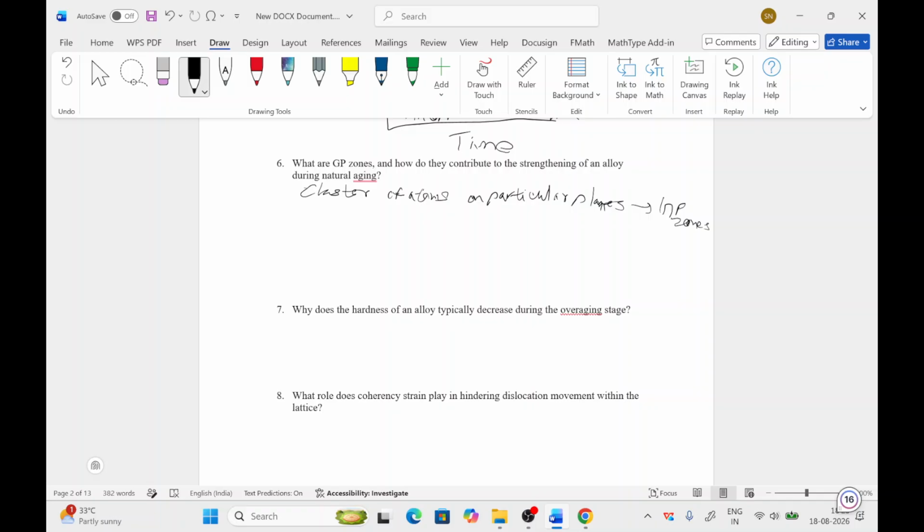And they have some coherency, a coherent interface with the aluminum matrix.